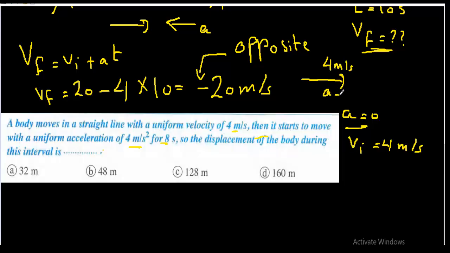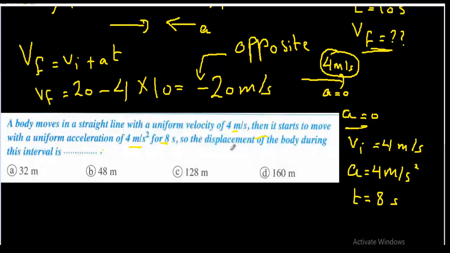So the acceleration there is 0. Then it starts to move with acceleration, so the velocity will increase. We start from 4 meters per second, the acceleration is 4 meters per second squared, and the time is 8 seconds.